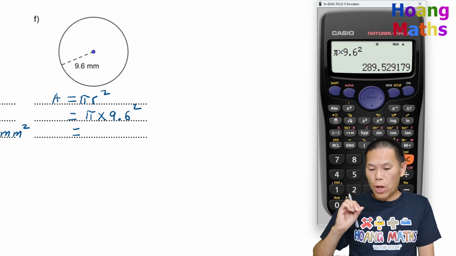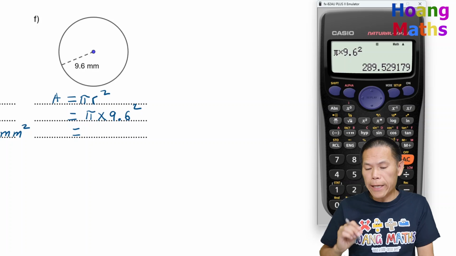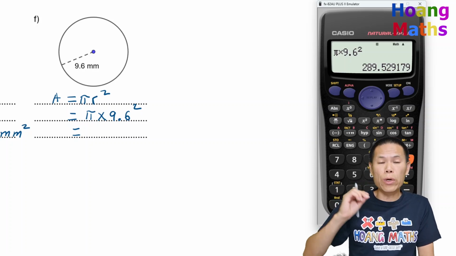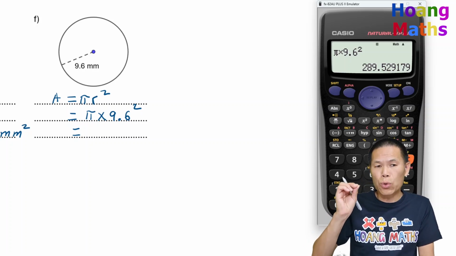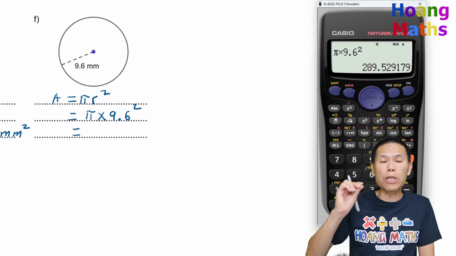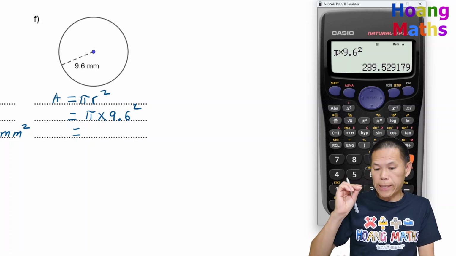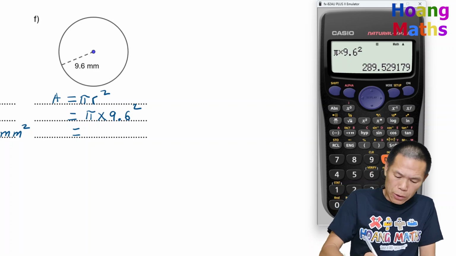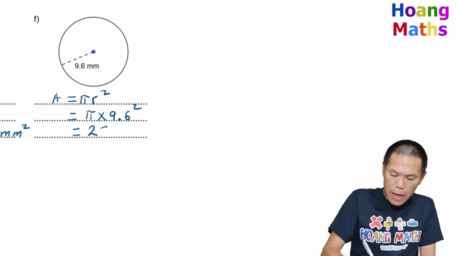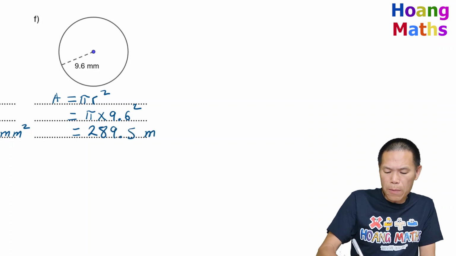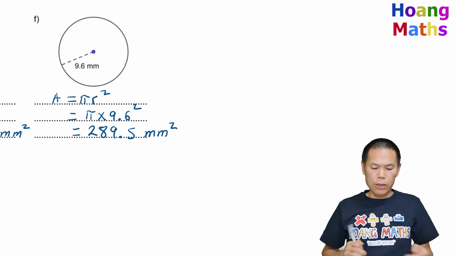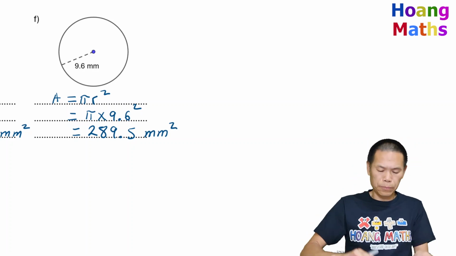So there you go, 298.52 and so on. So after 5 is 2, so therefore the answer should be 298.5 square millimeters. Okay. So there you go.